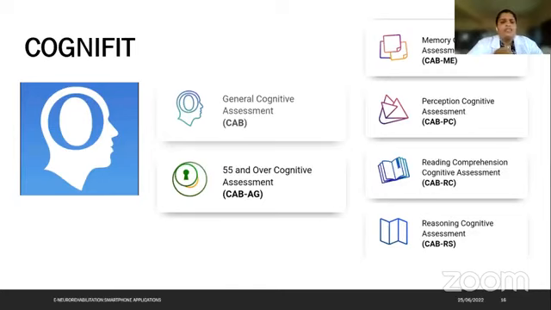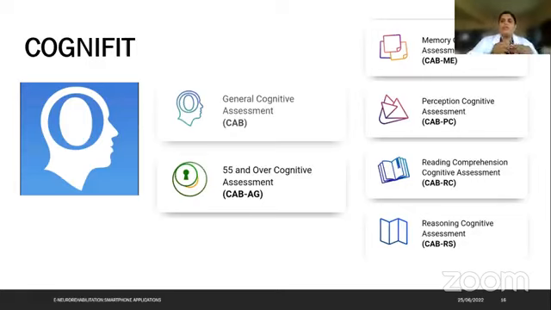All these functions are assessed. It is a 30 to 40 minute test. There are various tests based on questionnaires and games, and immediately the neurocognitive profile of the patient is generated, and it tells us which area, particularly memory or attention, is lacking in the patient. This is a general cognitive assessment.